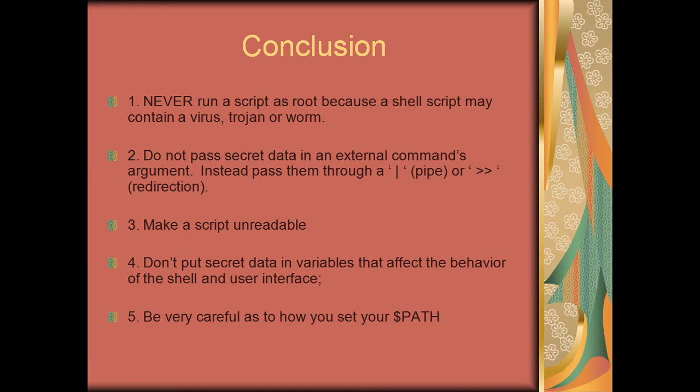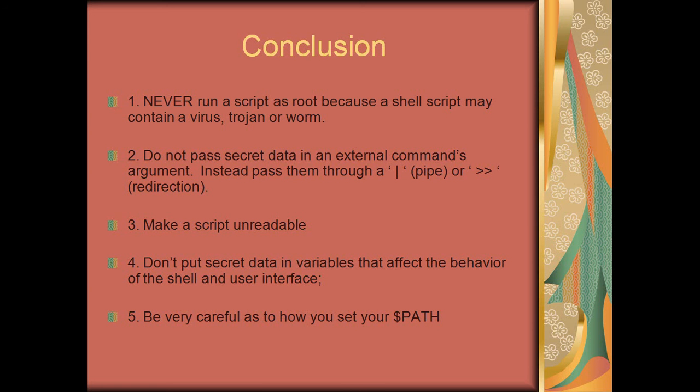With the information provided as to how to secure your shell scripts, let's take a view back at 5 other tips to securing your shell scripts. Point number 1, never run a script as root because a shell script may contain a virus, Trojan, or worm. Point 2, don't pass secret data in external commands or arguments.